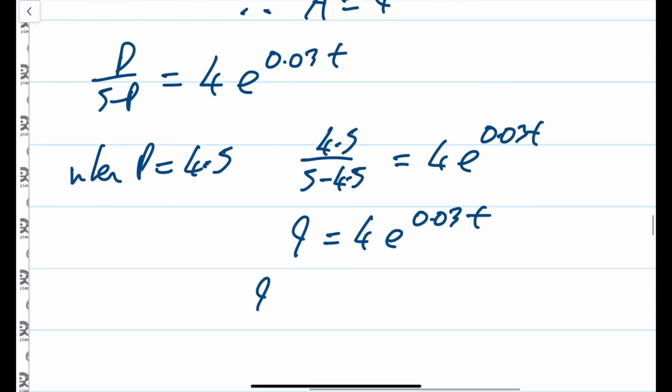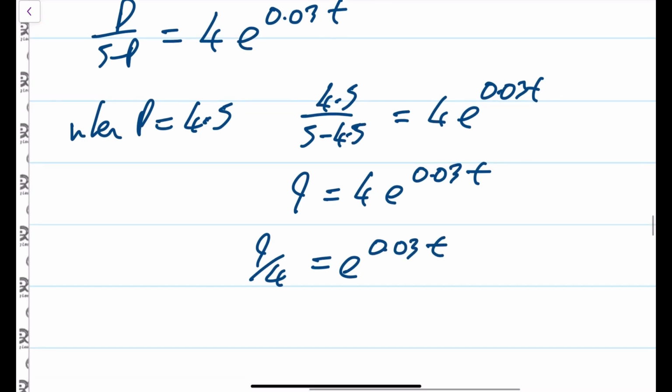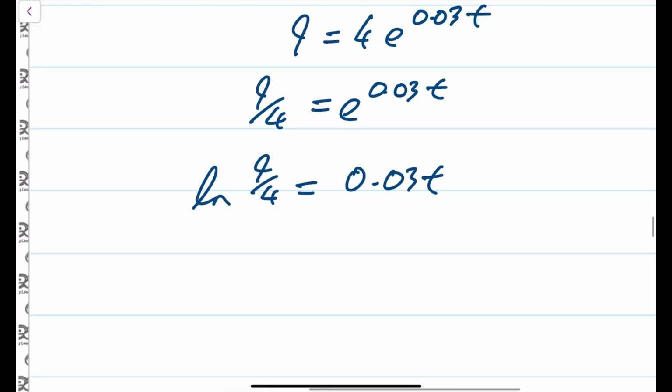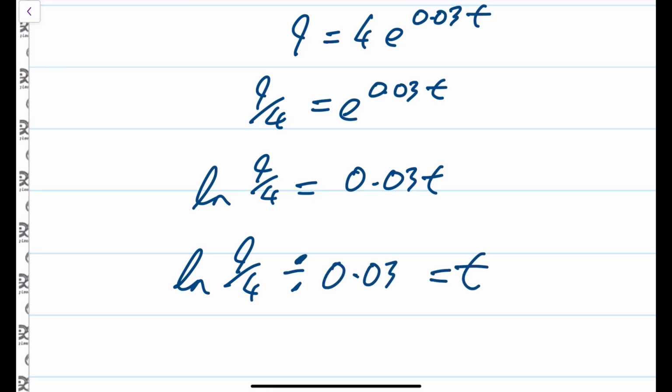This should be looking familiar to you. 9 over 4 then is equal to e to the 0.03t. Take ln of both sides. Ln of 9 over 4 is equal to, e and ln cancel each other out, so the right hand side is just 0.03t, and then ln of 9 over 4 divided by 0.03 is going to be equal to your t.